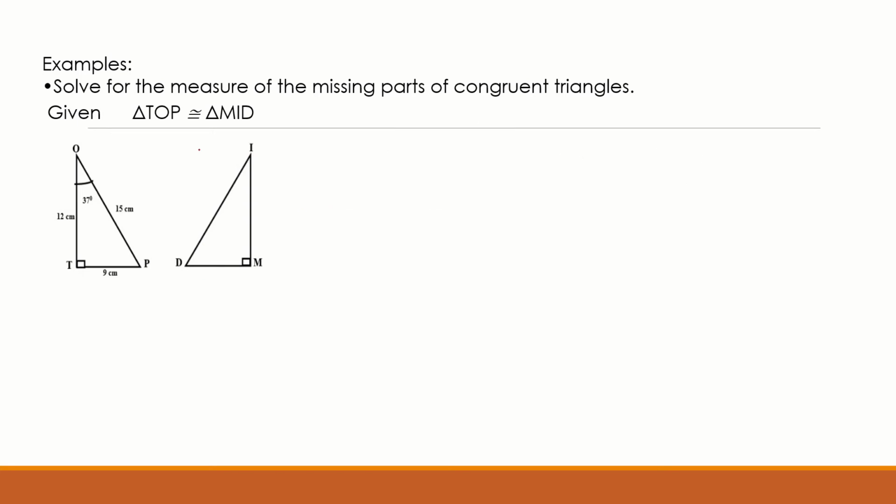Okay, so dito, since congruent yung triangle TOP and triangle MID, we can say that the corresponding parts of the two triangles are congruent. So, side OT is congruent to side IM, side OP is congruent to side ID, and side TP is congruent to side DM.